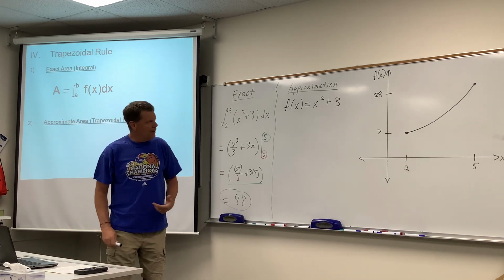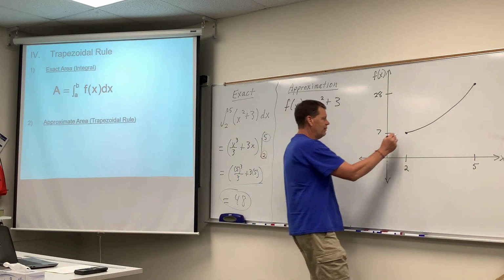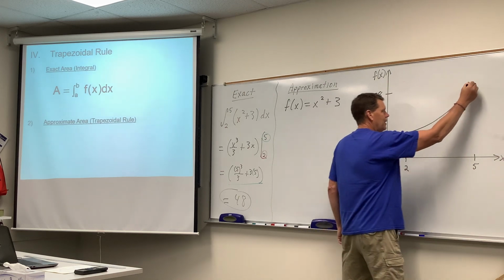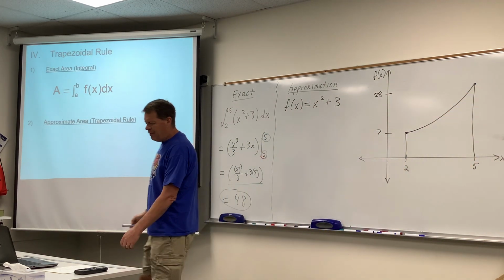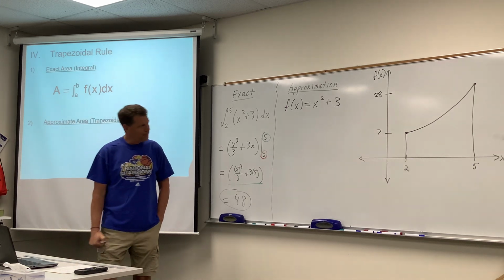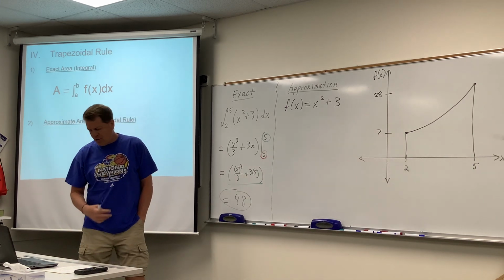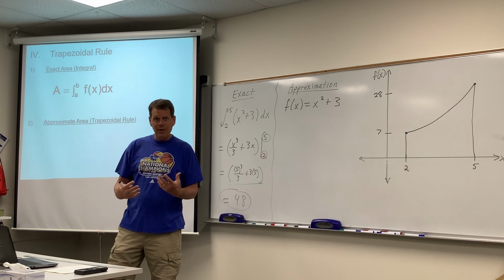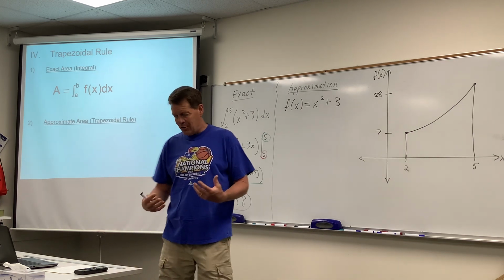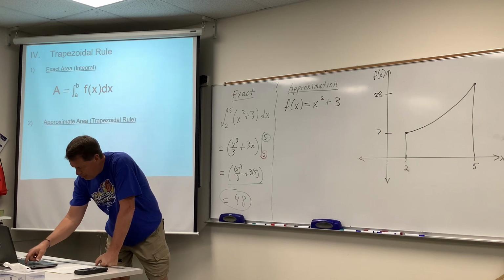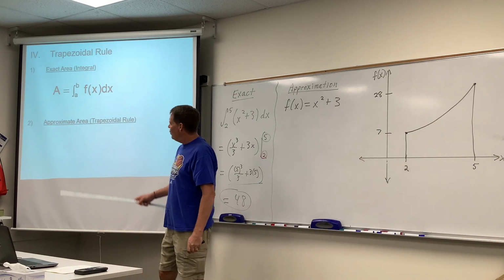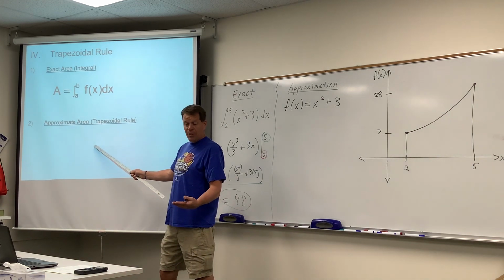So here's the idea. We can take this interval from 2 to 5 and split it up into subintervals and find the areas of trapezoids. This is actually using a combination, in my opinion, of both algebra and geometry. I will just tell you that the major idea will appear on this screen.